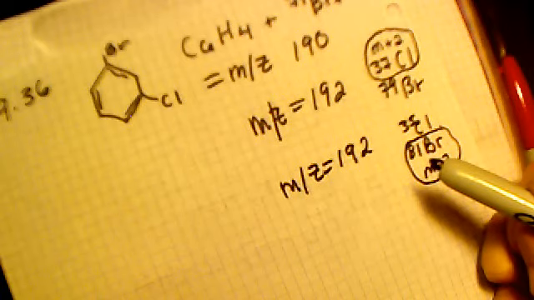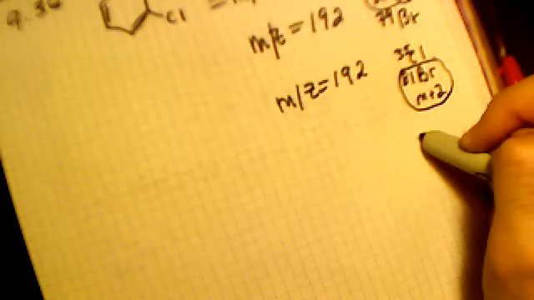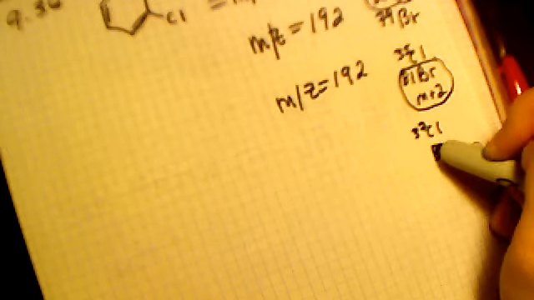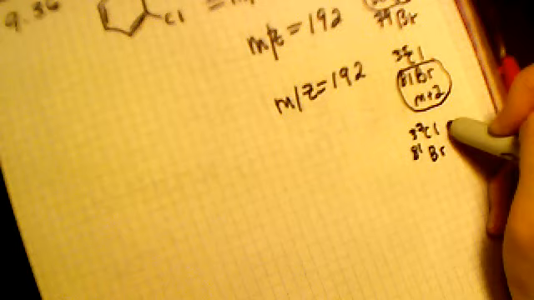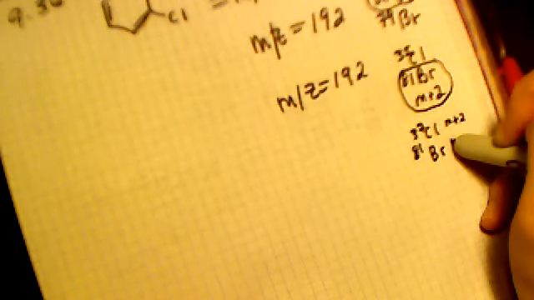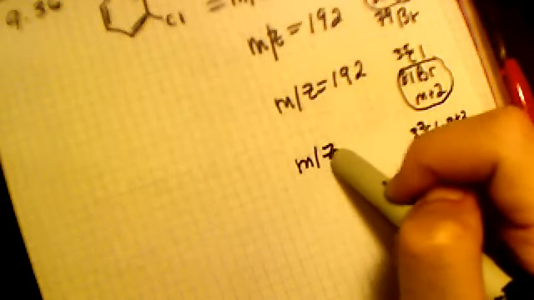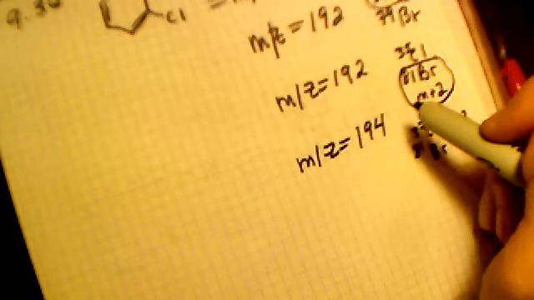And then the last one is when they're both the heavier isotopes, so chlorine 37 and bromine 81. This is M plus 2 and this is M plus 2, which is 4, so M over Z is going to equal 194.